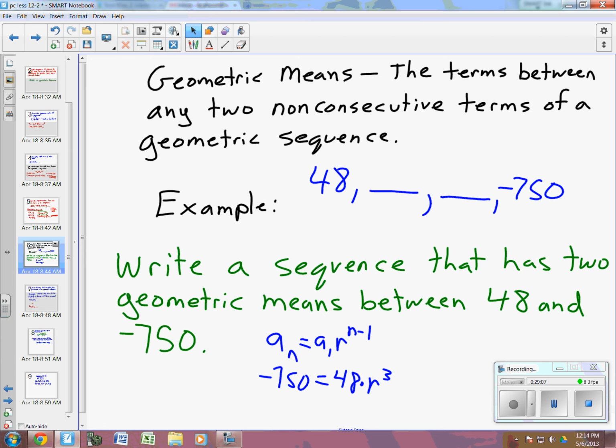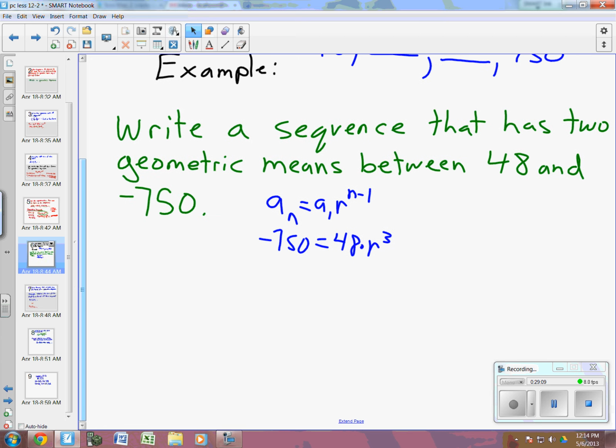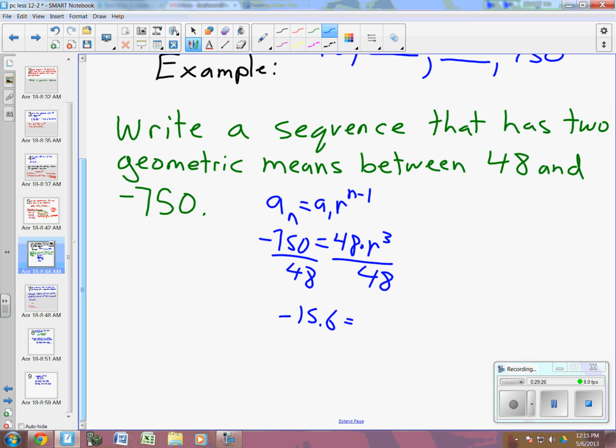So, got it? So I can just solve that for r. What am I going to do to solve that for r, you guys? Okay, divide by 48. What is negative 750 divided by 48? Negative what? Does everybody agree with that?